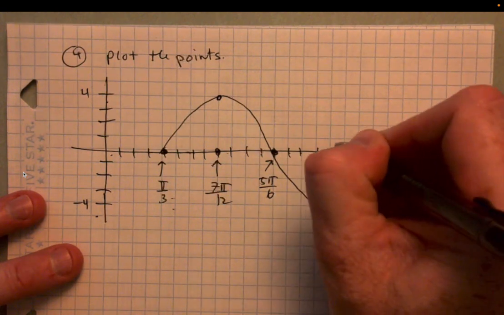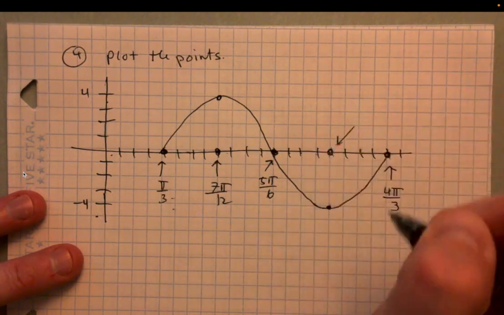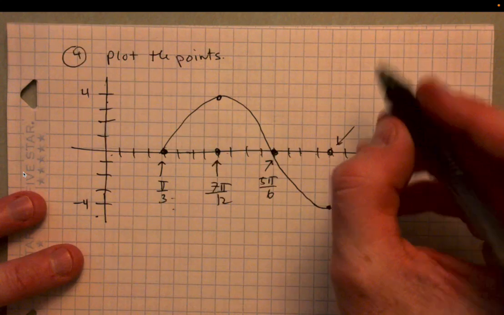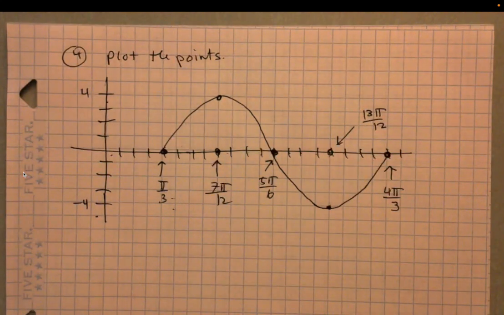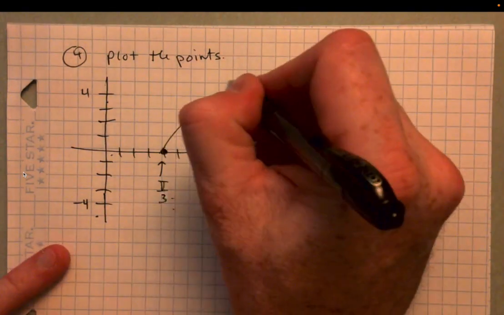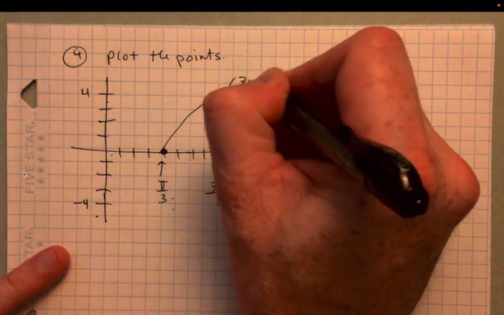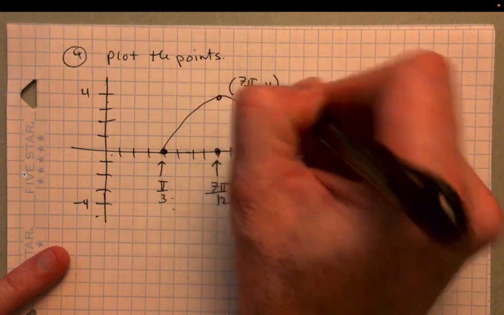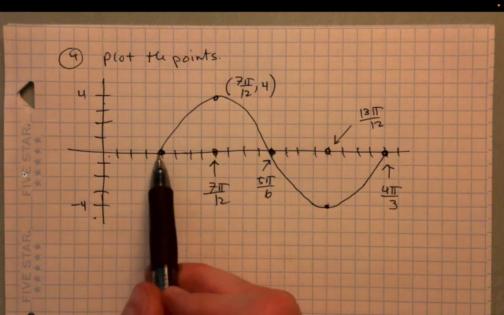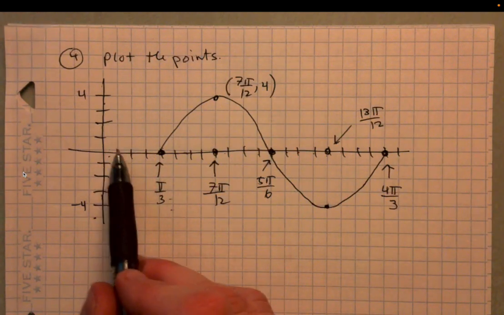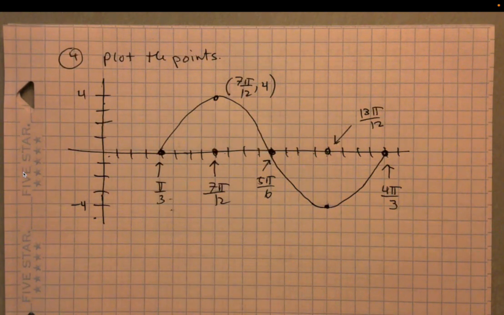And then this one here is 13 pi over 12. Okay, so it just looks like that. And so this point here would be 7 pi over 12 comma 4. Actually, I think I wanted this to be in thirds, but you get the idea. That's pi over 3. That's fine. This is correct. This is what I wanted.